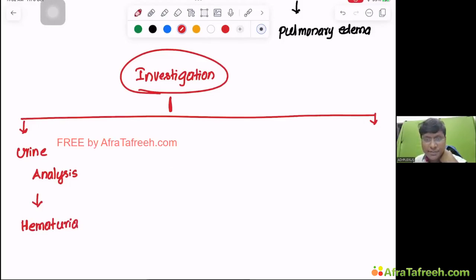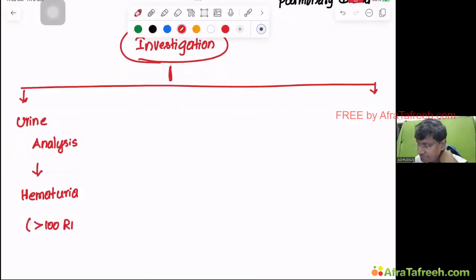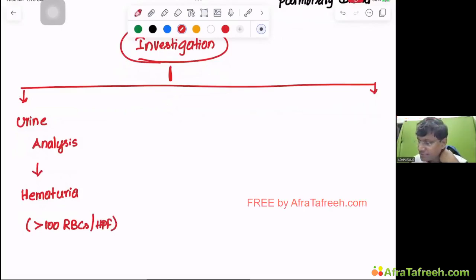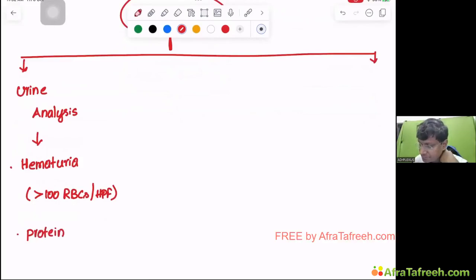Presence of hematuria. And this hematuria is significant hematuria, that is more than 100 RBCs per high power field. And the urine analysis will also show the presence of proteins. They will have proteinuria also.